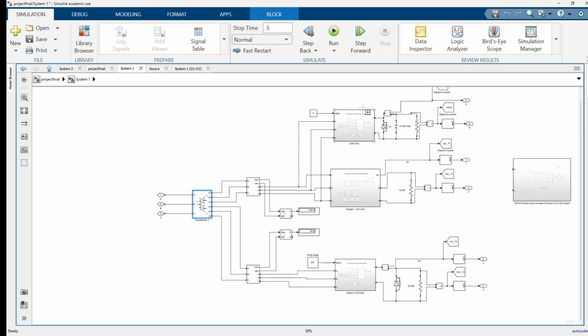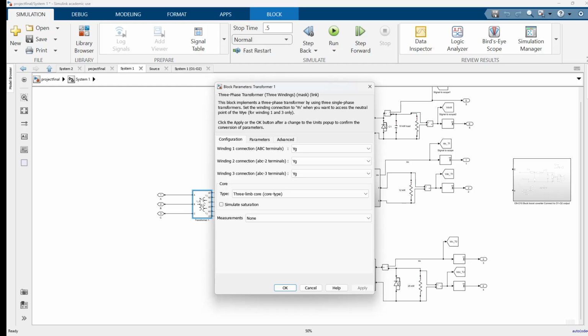In addition, output 9 and output 10 are also connected in parallel to the first secondary output of the transformer. However, this transformer 1 is a 3-winding transformer.